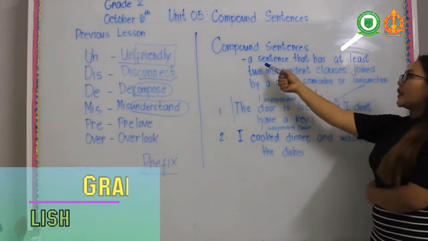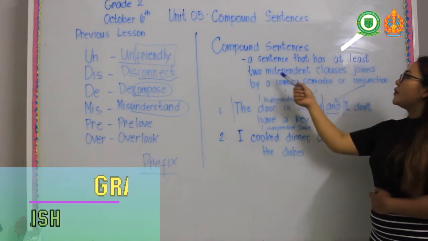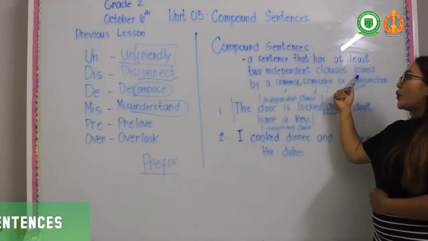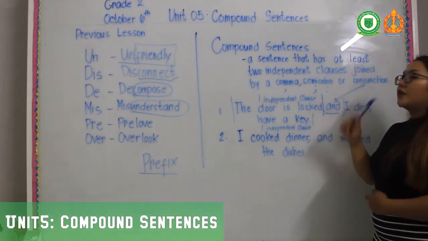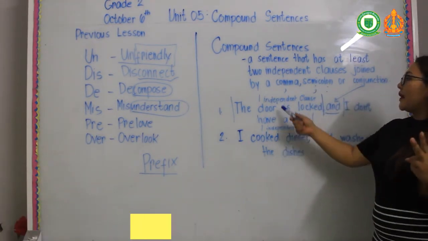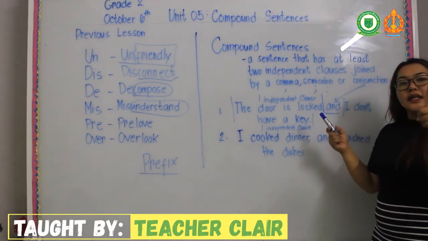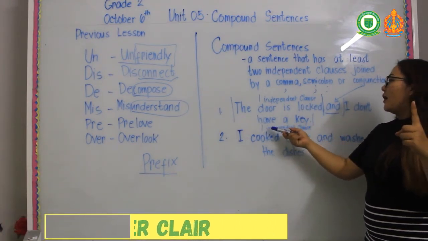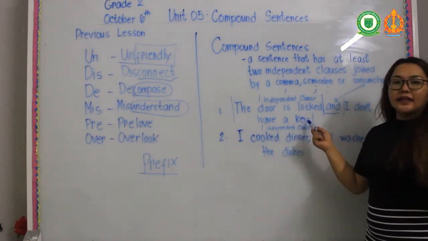So again, it says here a compound sentence is a sentence that has at least two independent clauses joined by a comma, semicolon, or conjunction. So we have two independent clauses, right? One, the door is locked. That is one independent clause. Next, I don't have a key.